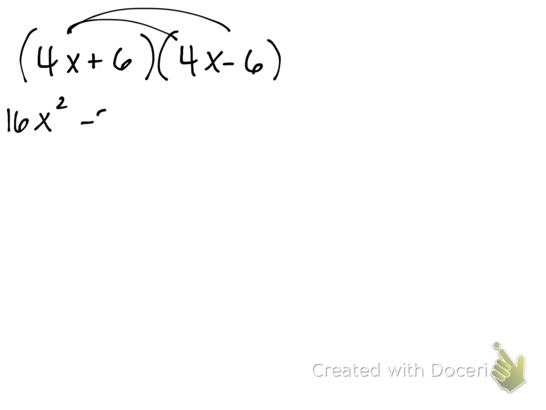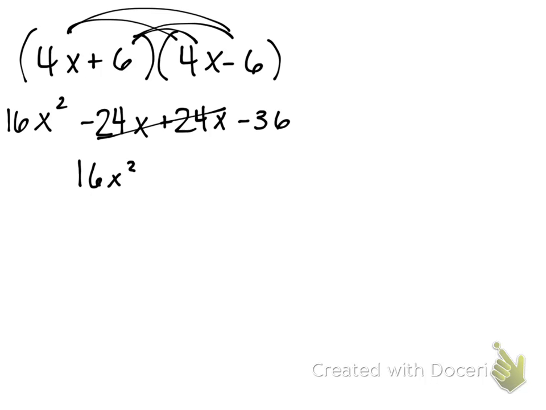Outer is negative 24x. Inner, positive 24x. And last is what? Negative 36. What happens to those middle two terms? They cancel out. So we're left with 16x squared minus 36.